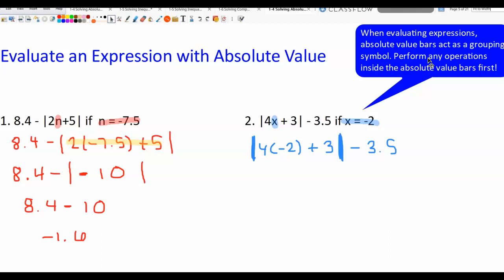So 4 times -2 is -8. -8 plus 3 is -5. So I have the absolute value of -5 minus 3.5. So I get 5 minus 3.5, which is 1.5.